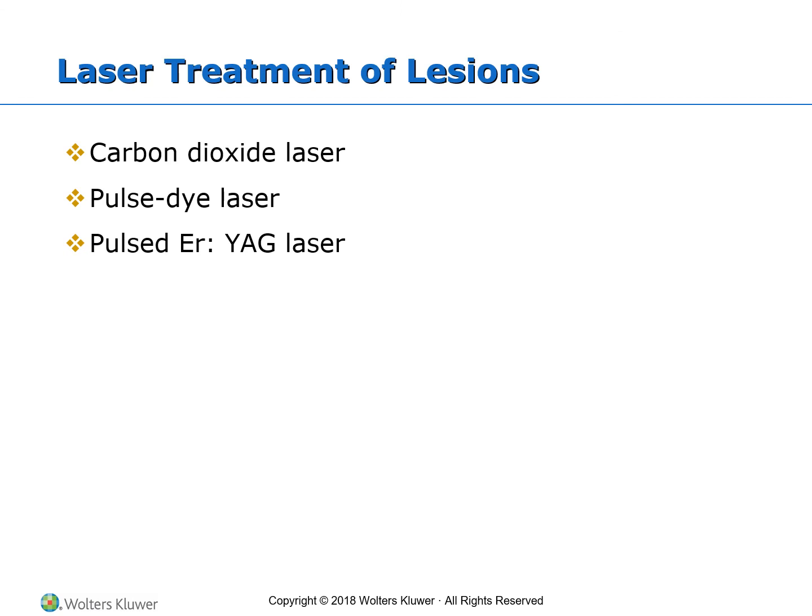There can also be laser treatment of the lesions, and these are precise surgical instruments, and what they do is vaporize and excise the water-containing tissue, and it causes minimal damage, which means there's minimal to no scarring.